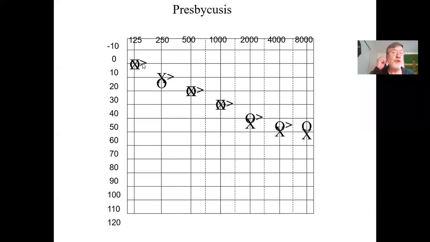And look, when you delivered the tones, you bypassed the outer ear and you bypassed the middle ear. In other words, you're not sending sounds through the headphone, and you're sending sound straight through to the cochlea.